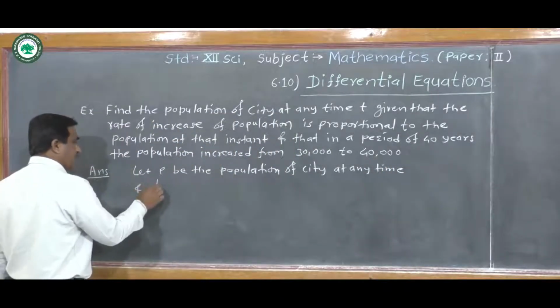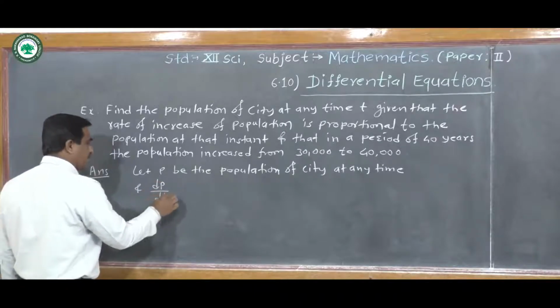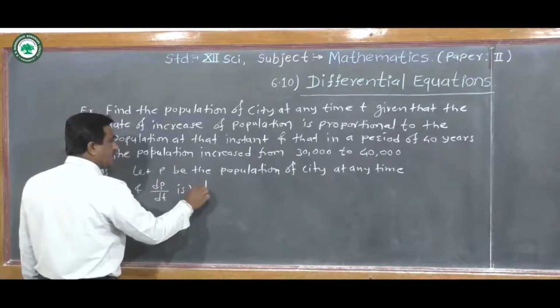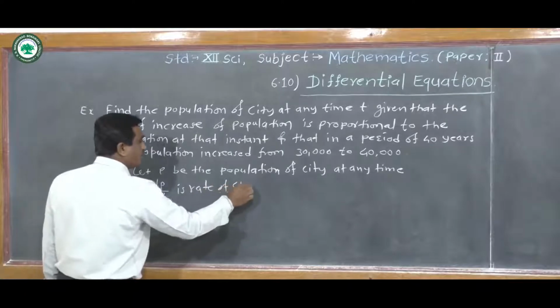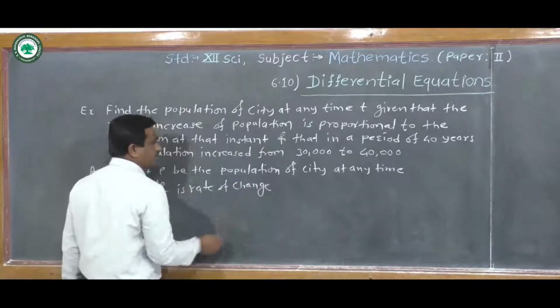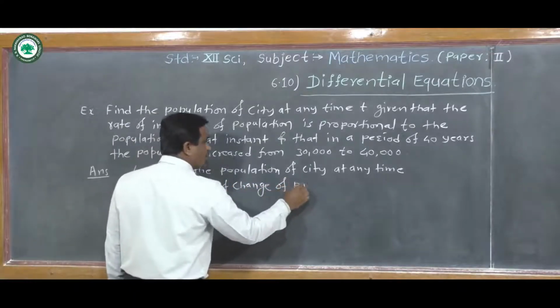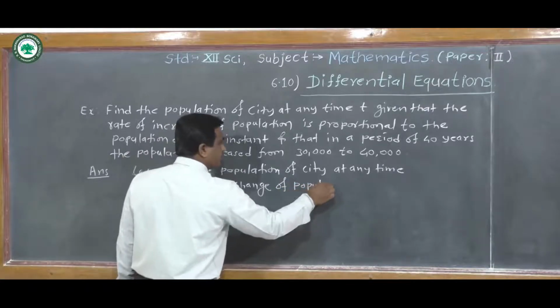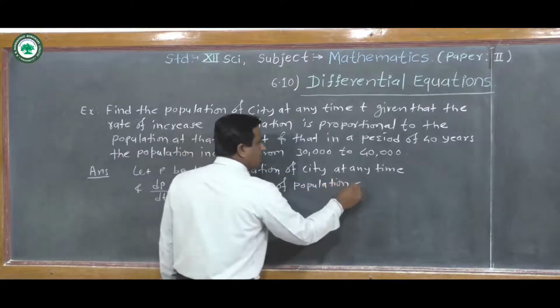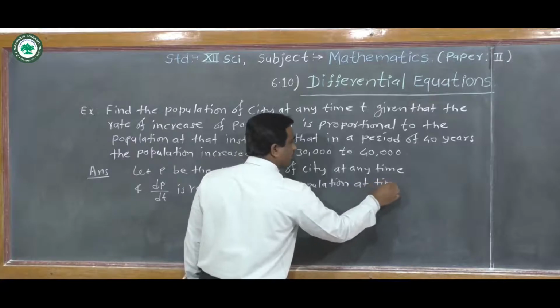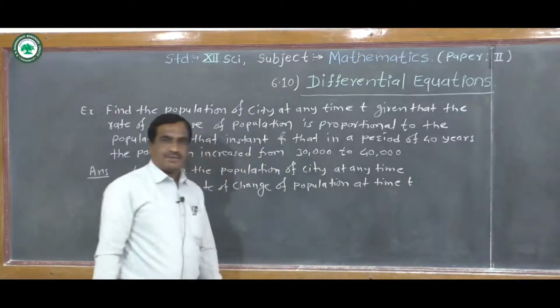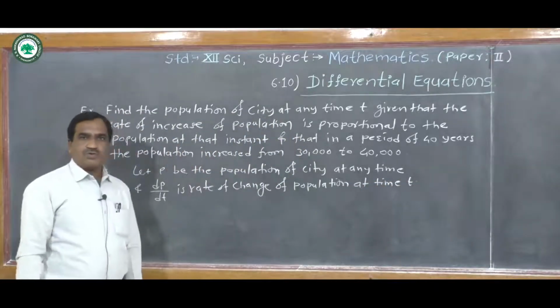And dP by dt is the rate of change of population at time t.